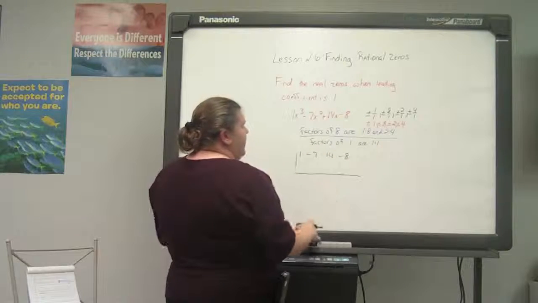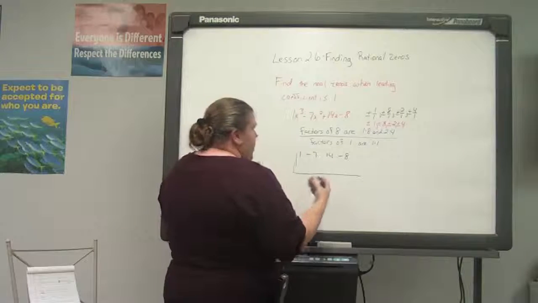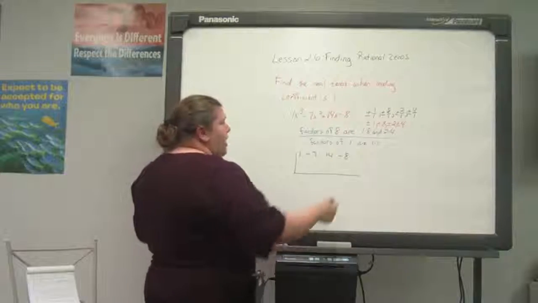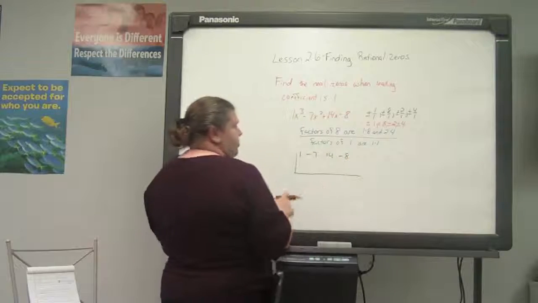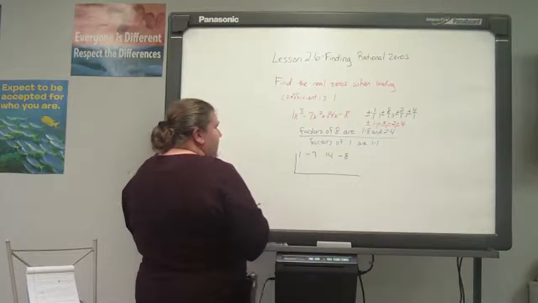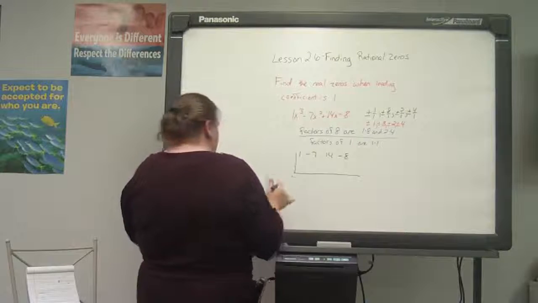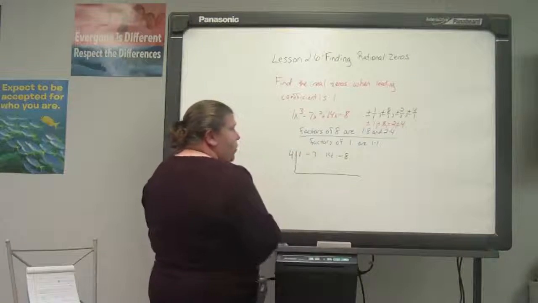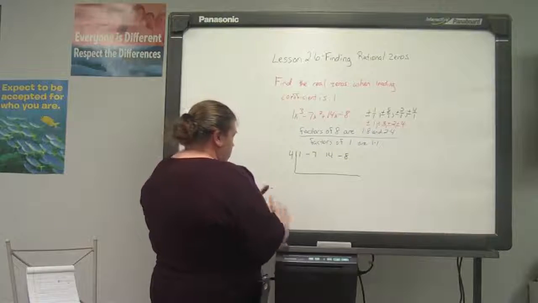So I did not have any missing. Now, I'm just going to choose one of my possible rational zeros. And I think I want to choose 4. So I'm going to try a 4. And we'll see if it works.